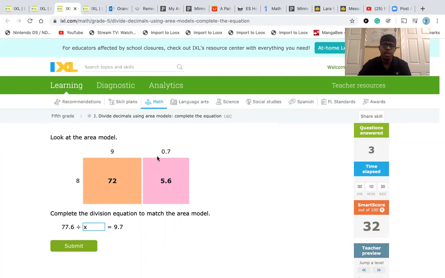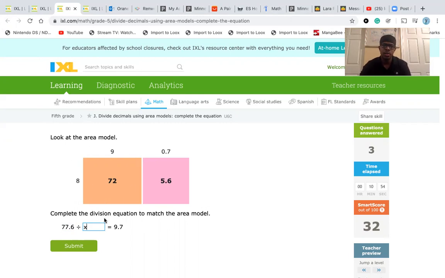So if we look at the area model here, we know that 9.7 times something is going to give us 77.6. They kind of gave us the answer because they have the 8 right here, but we can check it out and find out still. But actually, we did it in the last video.